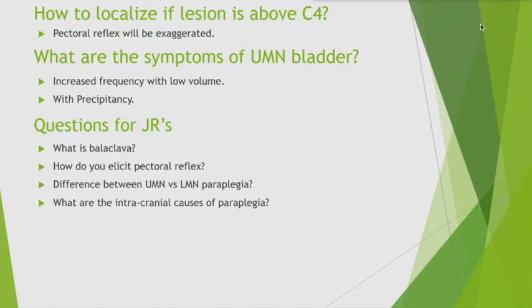When you have neuropathy, plexopathies, peripheral neuropathies, anterior horn cell disease, then Guillain-Barré-like conditions, root involvement, they are all classical examples of LMN type of paraplegia.